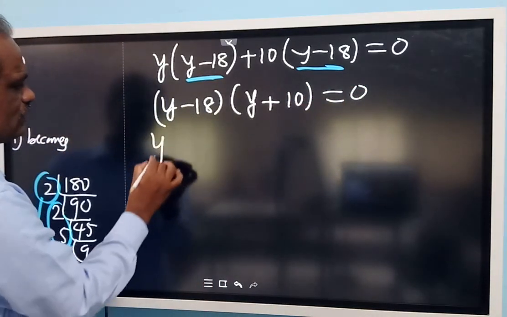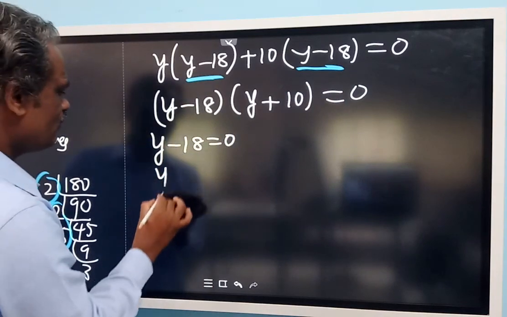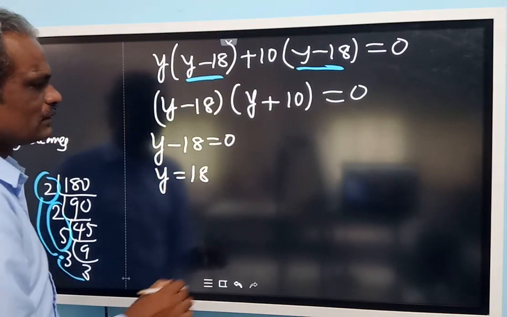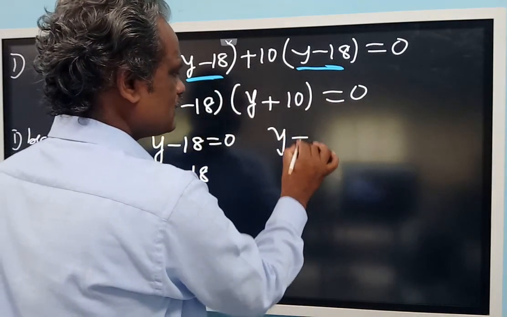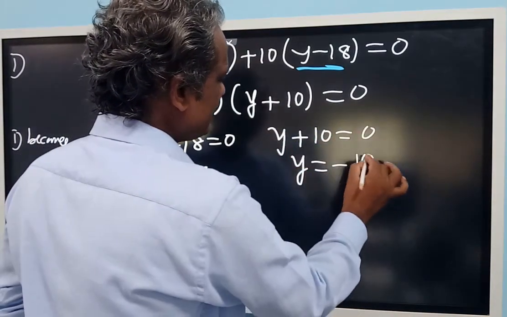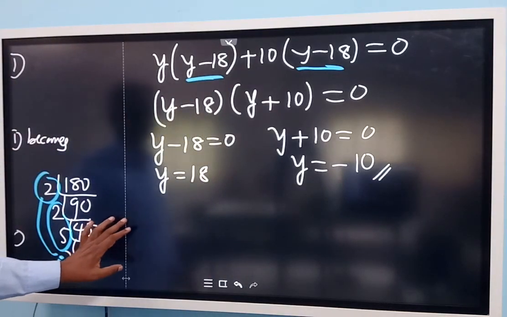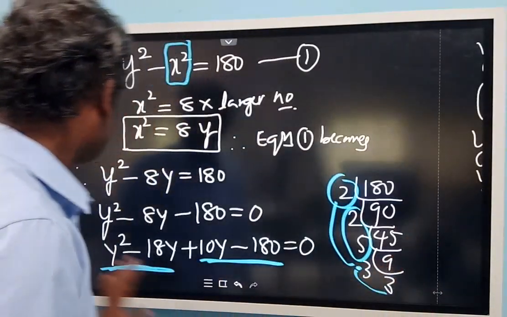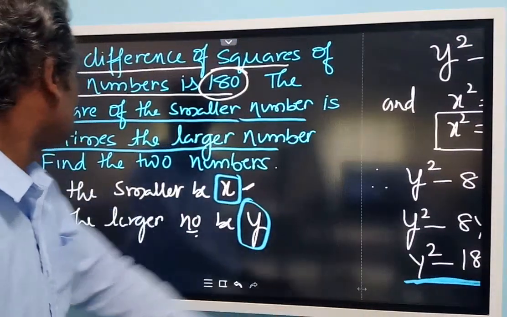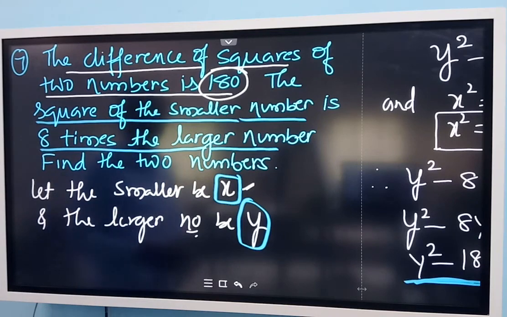If I equate y minus 18 to 0, then y value will be equal to 18. Suppose y plus 10 is equal to 0, then y is equal to minus 10. We need to accept one value. As per the data, look at this, the second sentence: what does it say? The square of the smaller number is 8 times the larger number.